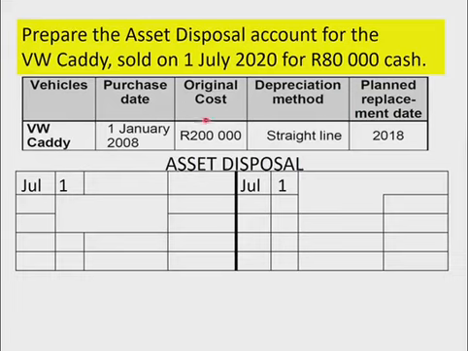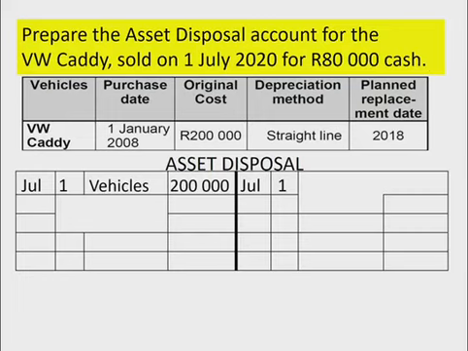That's your cost price. Because vehicles will be recorded at the historical cost or the original cost price, the cost price will remain 200,000. Okay, so that will be taken away from the vehicles account, and that 200,000 will appear on the debit side of the asset disposal account.